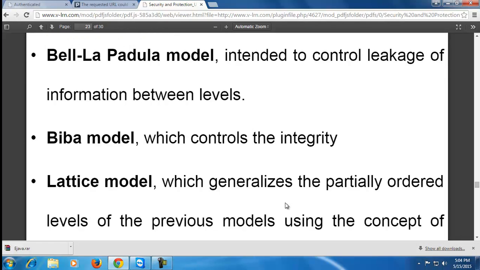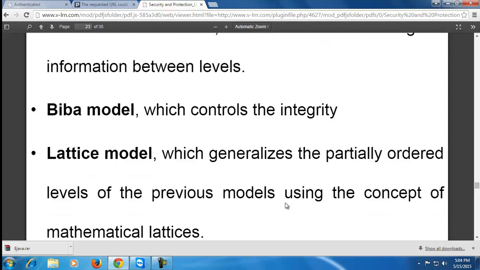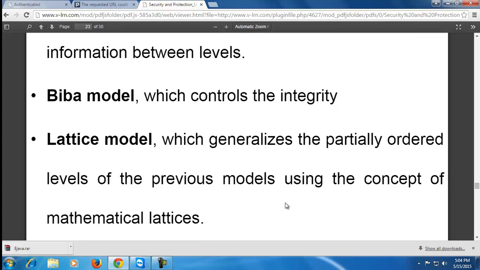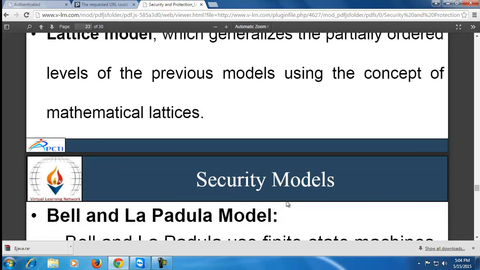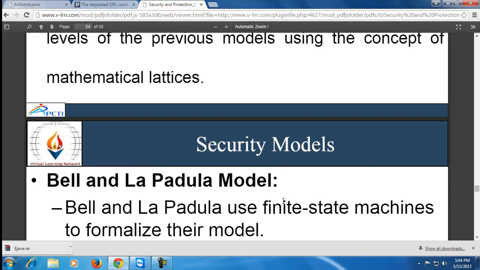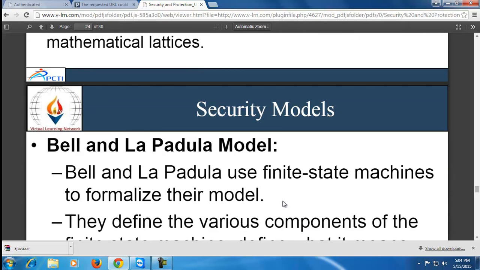Lattice model generalizes the partially ordered levels of the previous model using the concept of mathematical lattices, in which the permission set is given to particular users or role-based access control persons.